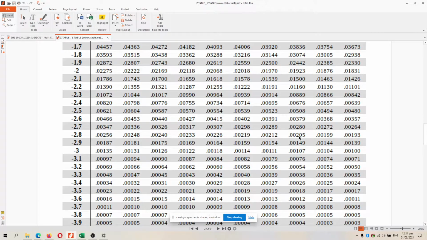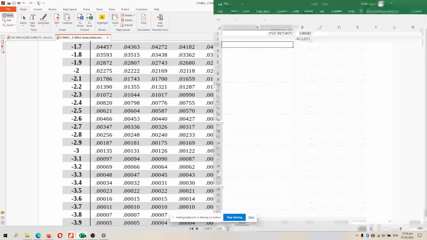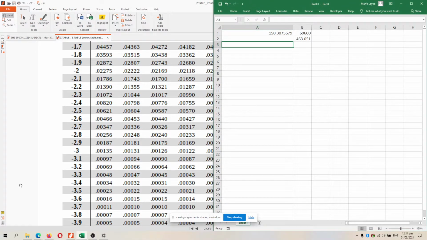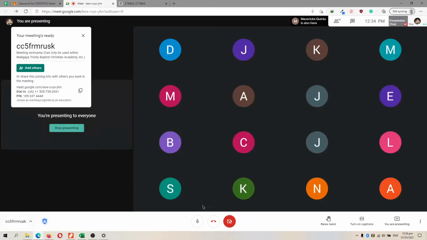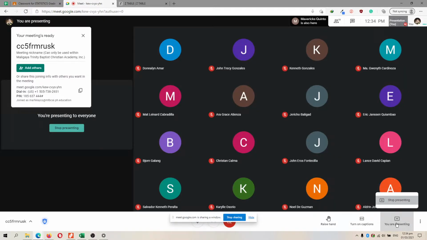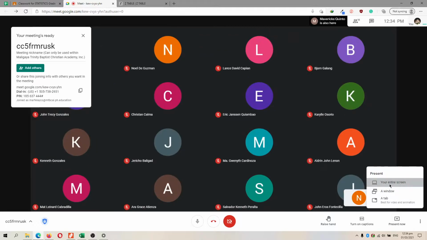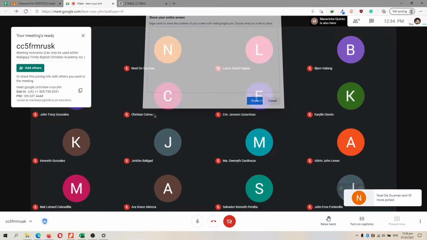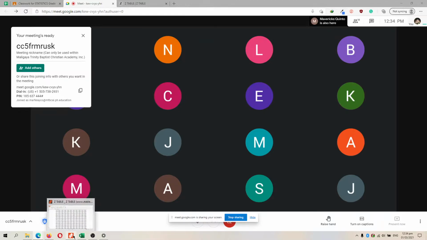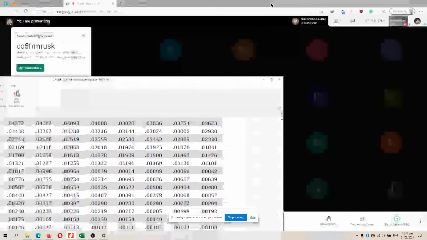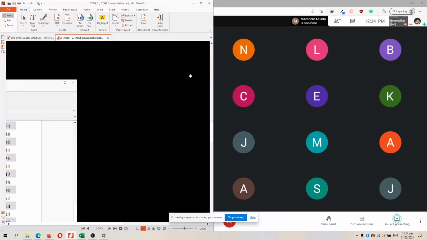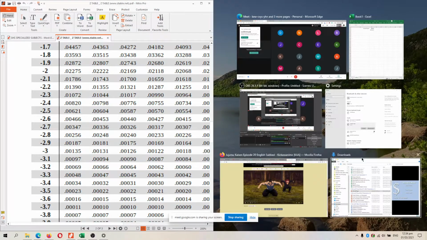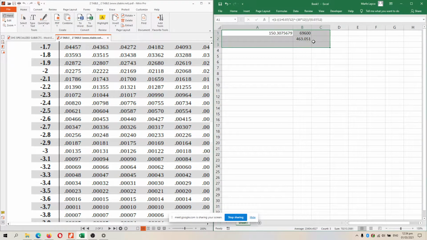Paano naman, sir, kung ang kukunin ko is ganito? Ayan. So, i-open tayo ng Excel. Paano naman kung so entire window tayo? Ayan. So, z table. Tapos, given sa atin yung a certain value.